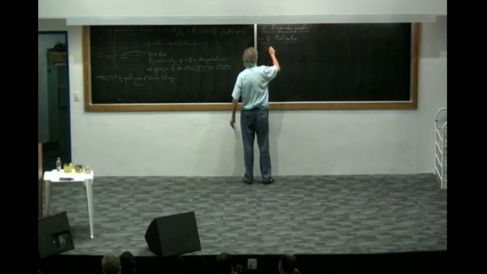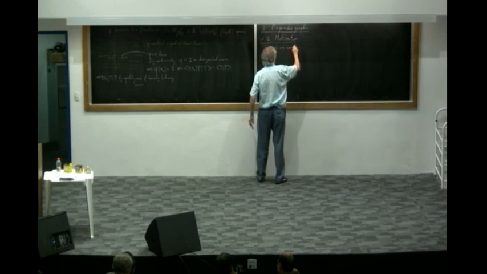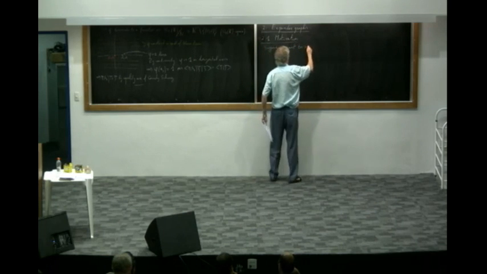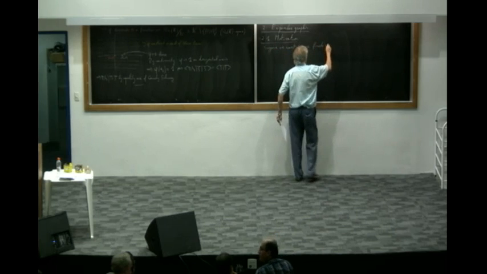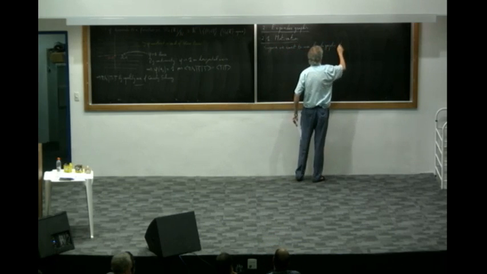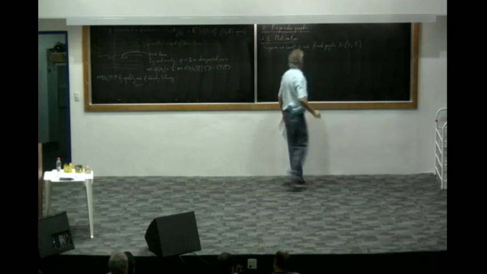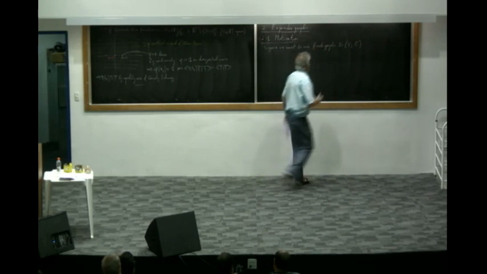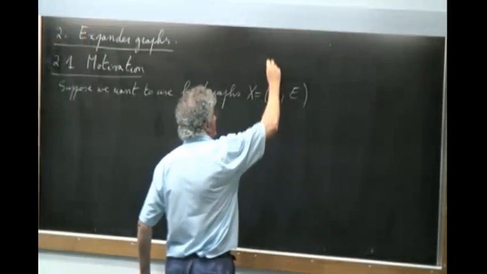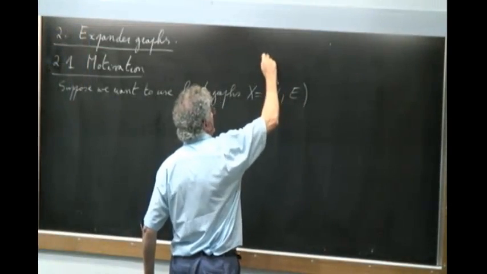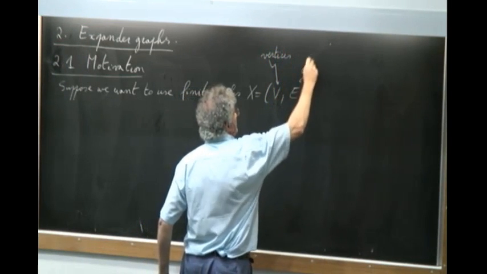So suppose we want to use finite graphs X, and for me a graph consists of a pair: a set of vertices, V, and a set of edges, E.